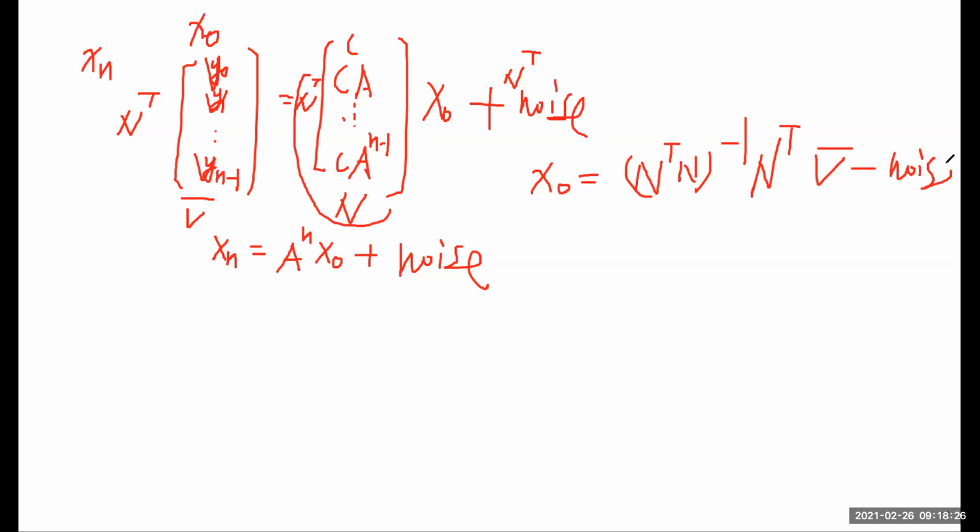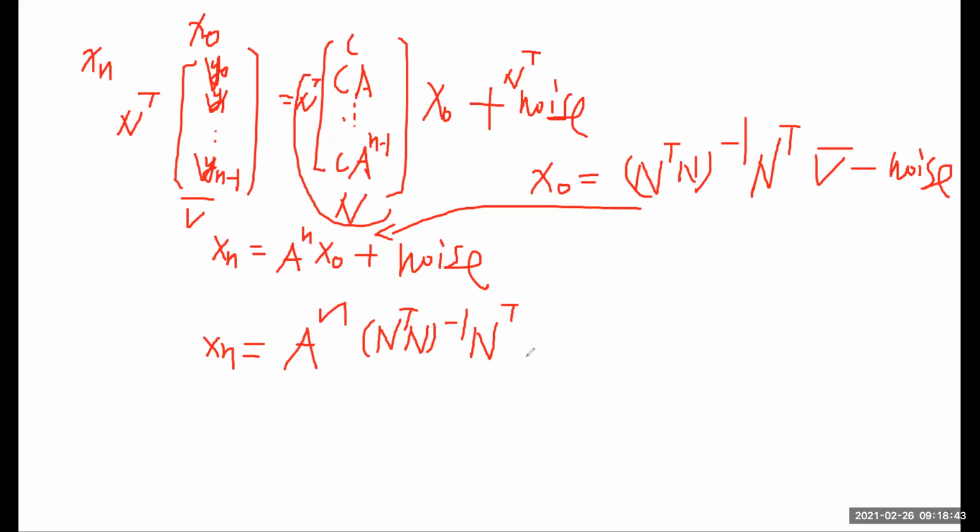Okay, then if we put x0 into this equation, we have xn is AN. So this part is (N transpose N) inverse N transpose. That's the data. It's a linear of the data.